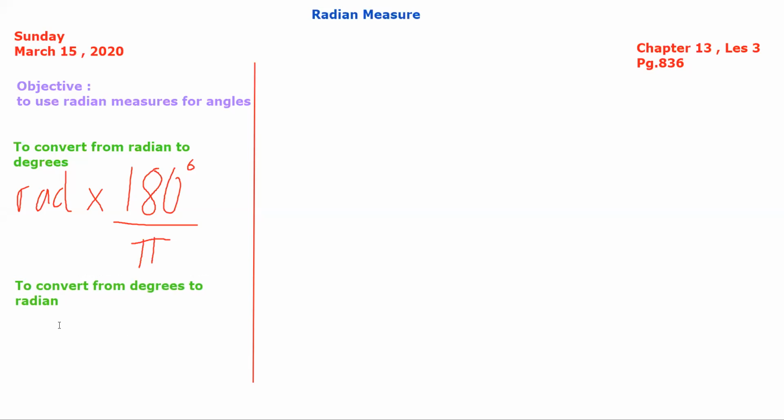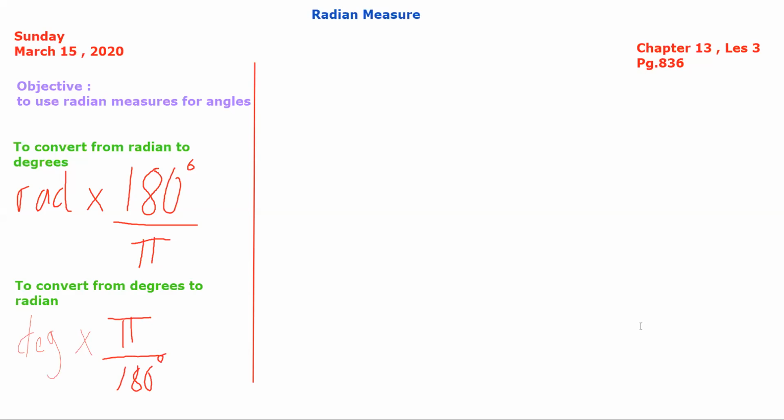I have a degree measure, so the degree is multiplied by pi over 180 degrees. So I need my answer in radian: up, I will write pi, down, I will write 180 degrees. Then the degrees cancel, and my answer will be in radian.